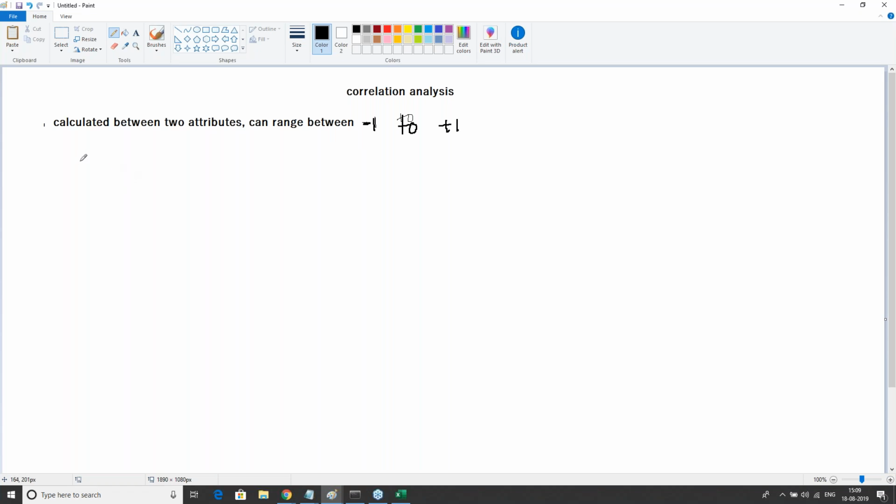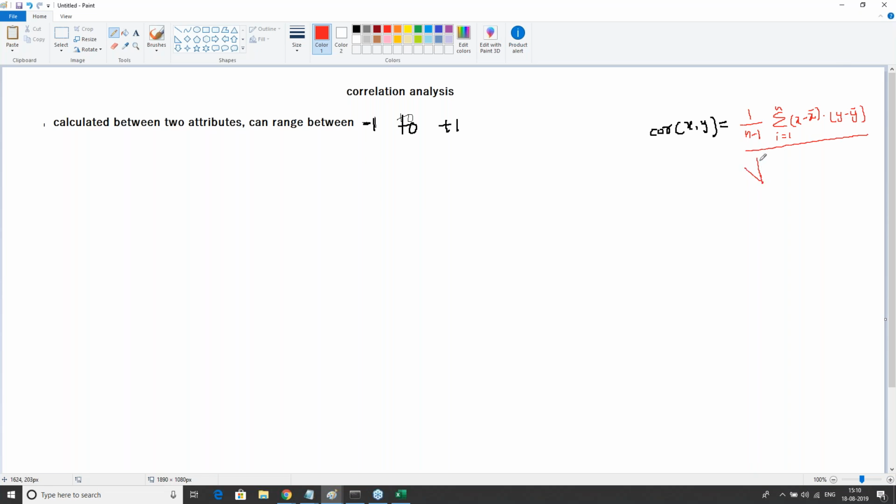And there's a formula to calculate it, right? So the formula looks like this. Correlation between x and y can be calculated using the formula: covariance of x and y, which is 1 by n minus 1, summation of i equal to 1 to n, (x minus x bar) into (y minus y bar), divided by standard deviation of x into standard deviation of y.